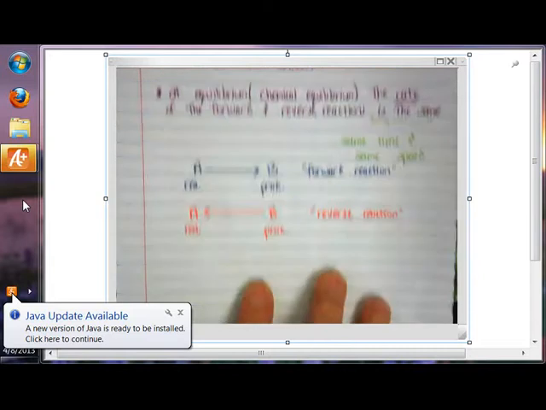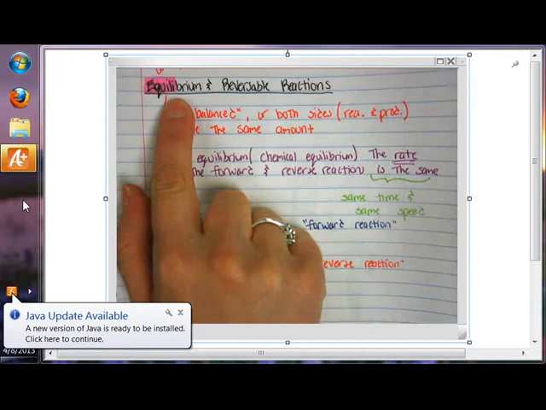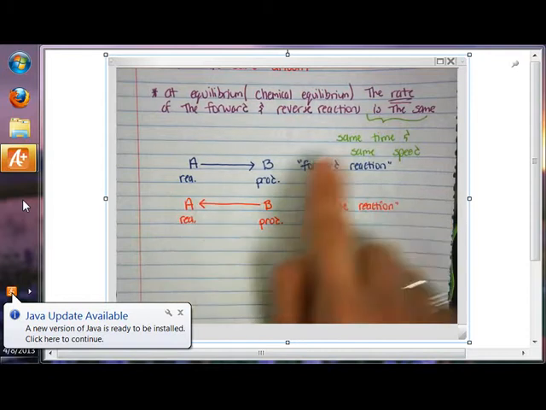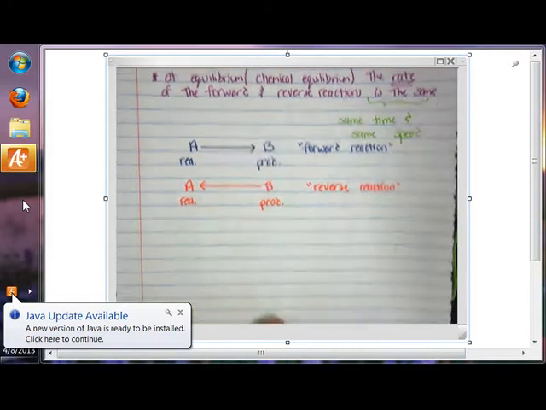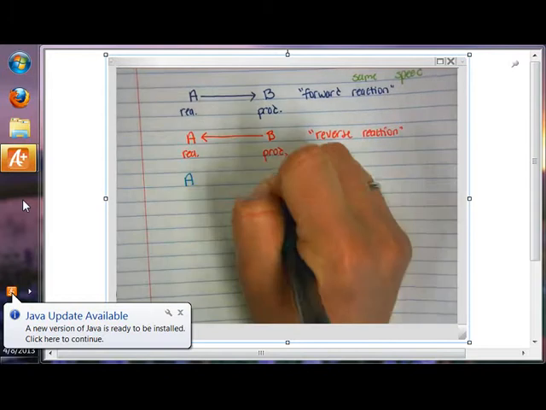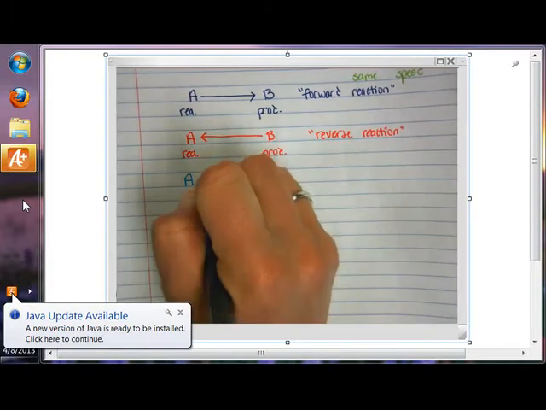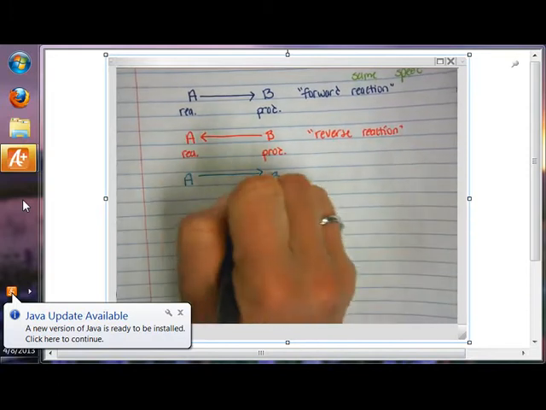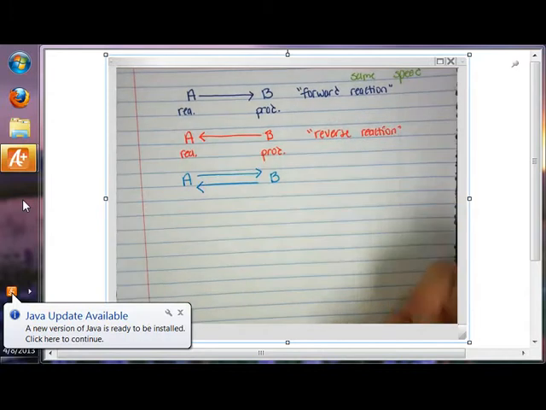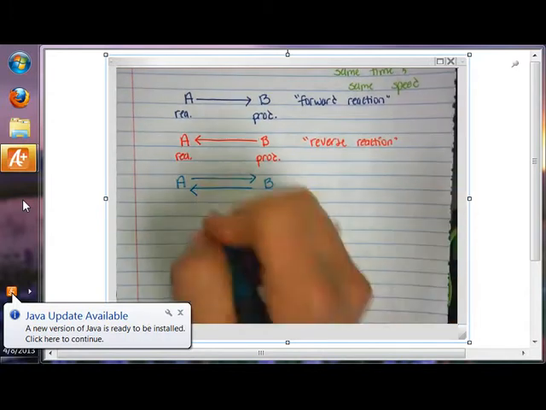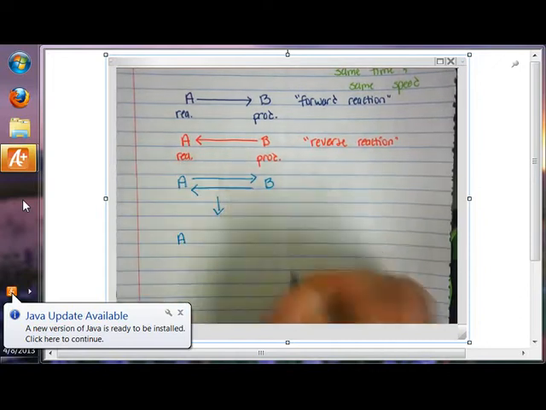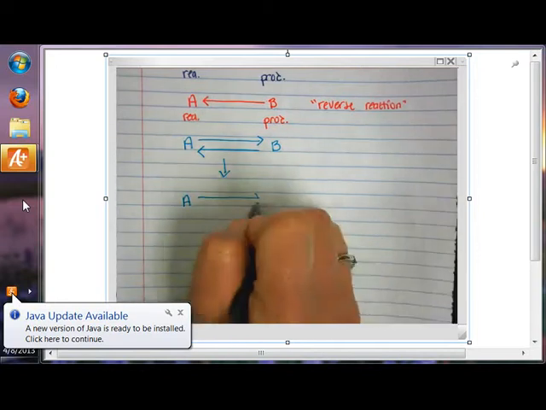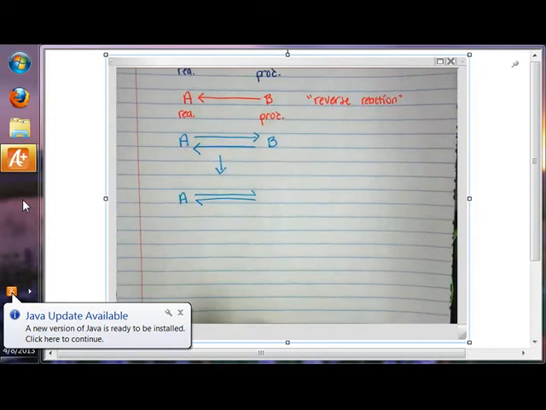Now, a reaction that's in equilibrium, that basically means that the forward and reverse reactions are equal. So how we would depict that is like so. A and B, and then notice I could draw the forward reaction and the reverse reaction happening at the same time. Now, instead of writing it like that, with the two arrows, scientists usually do a little half arrow that way, and then draw back the other way and do a little half arrow.